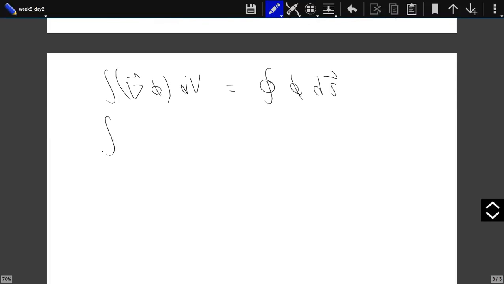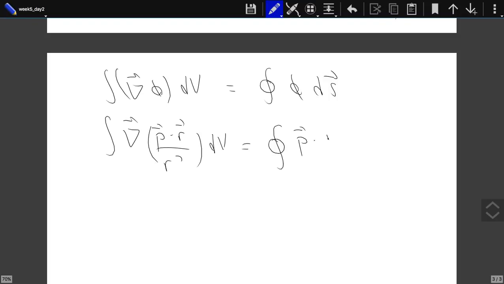Now, what we are trying to evaluate is the gradient of p dot r over r cubed over a volume. But this is equal to the surface integral of p dot r over r cubed over the surface. Now, p is a constant. I can again take it out of this integration.